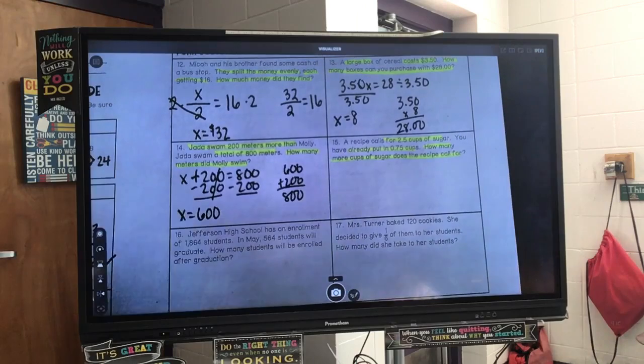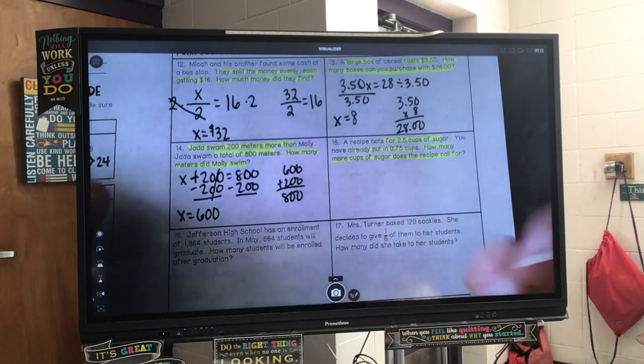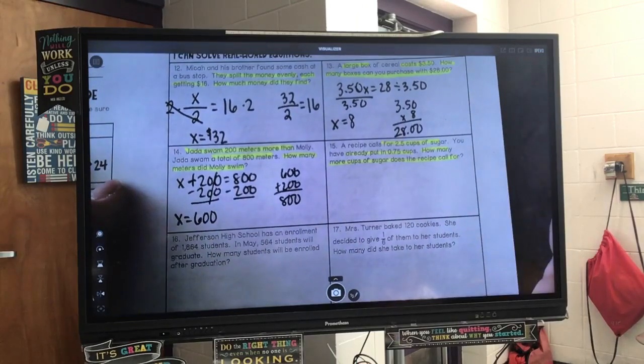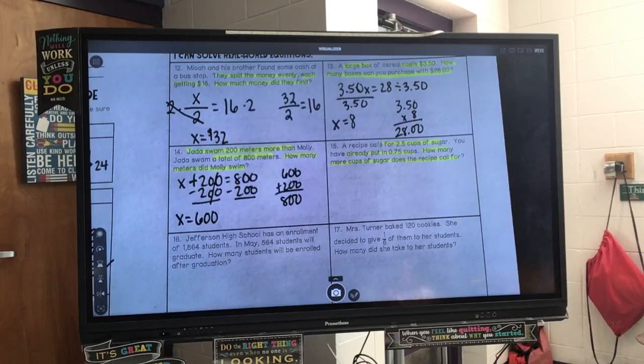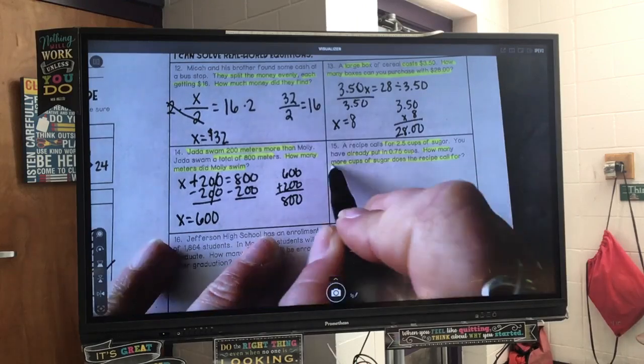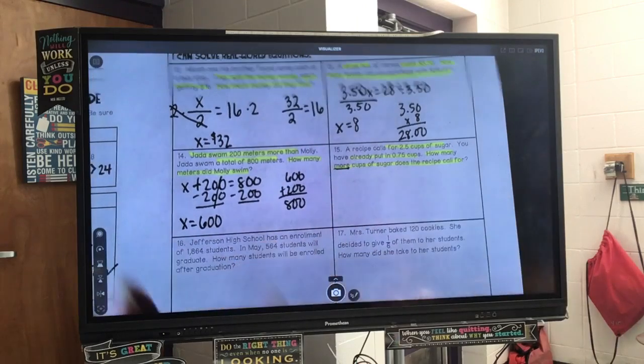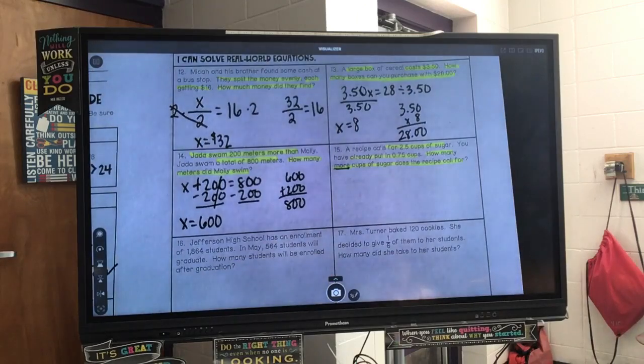Alright. What does our equation look like? Divided by? Not divided. Key word right here is more, right? So essentially, if it's saying more, like how many more do we need?